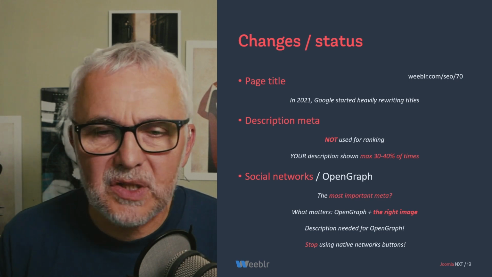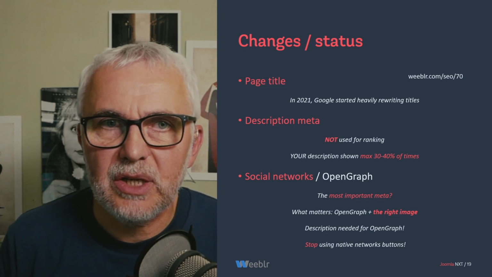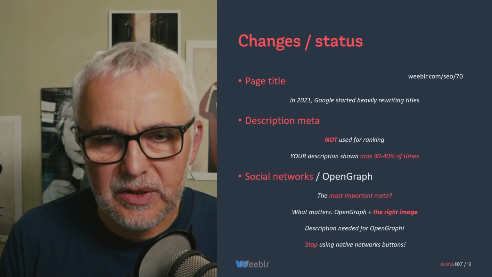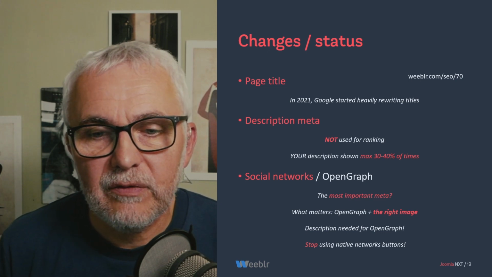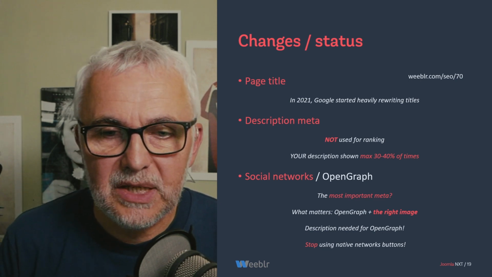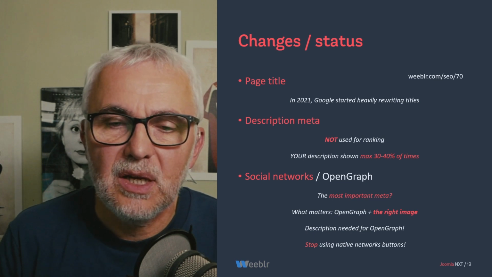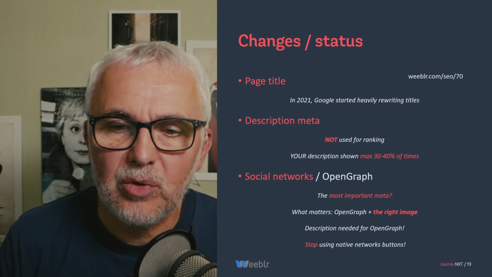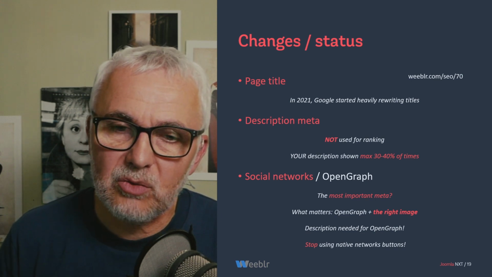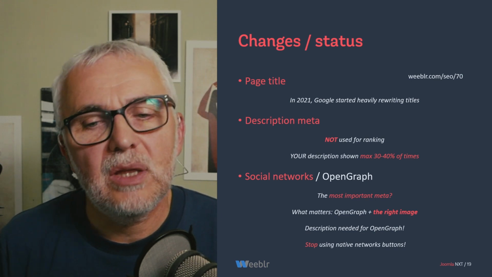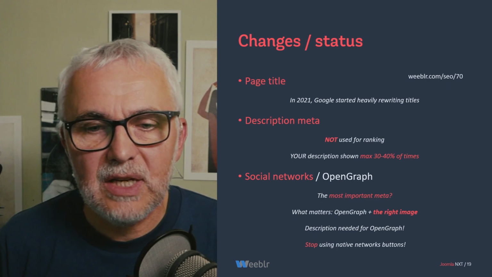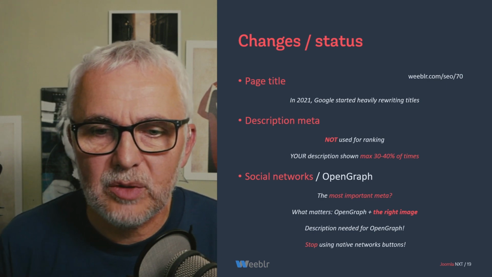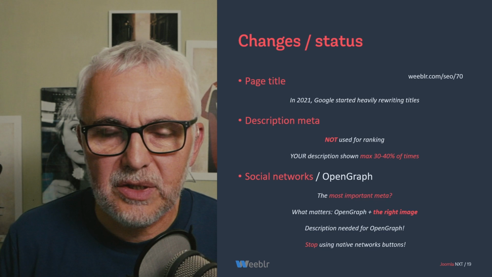For most sites, you want to be shared properly onto social networks, and therefore you need to have very good Open Graph metadata. The most important of these is the Open Graph image, because when you share over a social network, you need to have an image that attracts people. So that's the most important one. And of course, for SEO it will help you there.